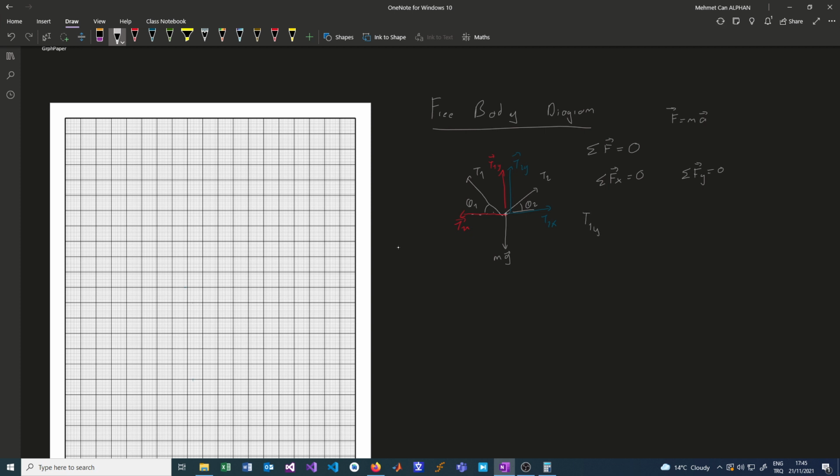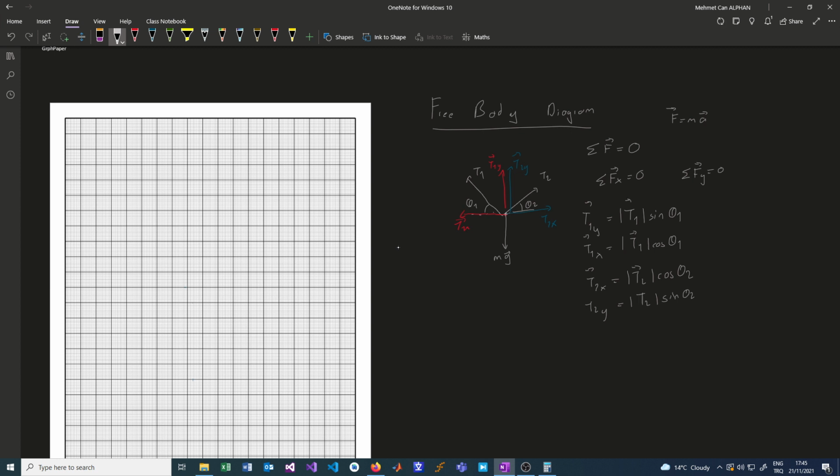T1y will be the T1 magnitude times sine theta 1. T1x will be the T1 magnitude times cosine theta 1. T2x will be the T2 magnitude times cosine theta 2, and T2y will be the T2 magnitude times sine theta 2, respectively.